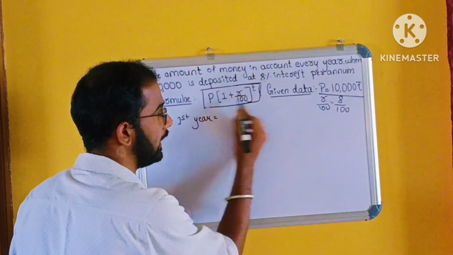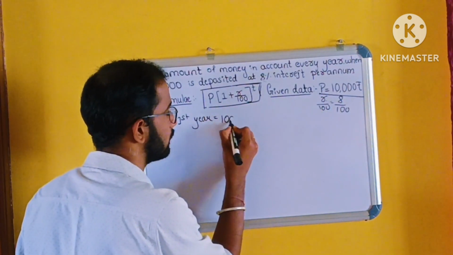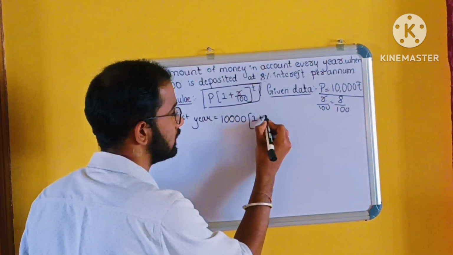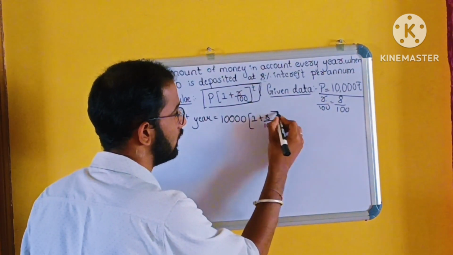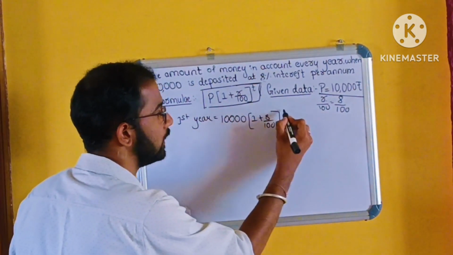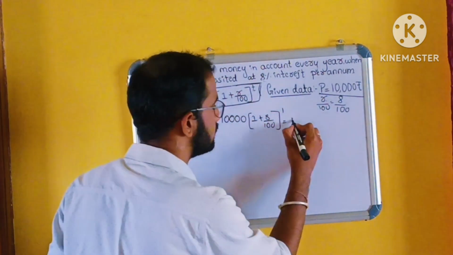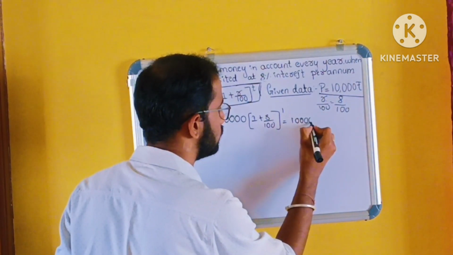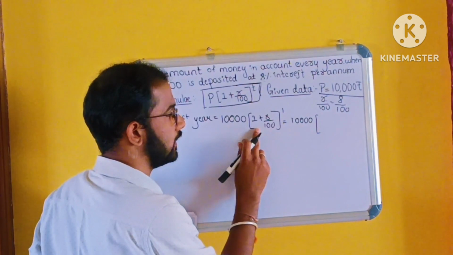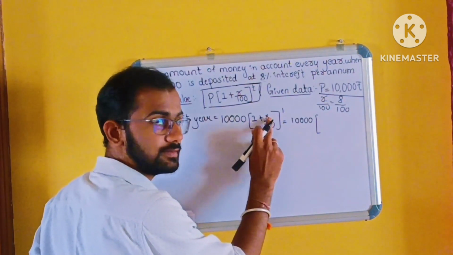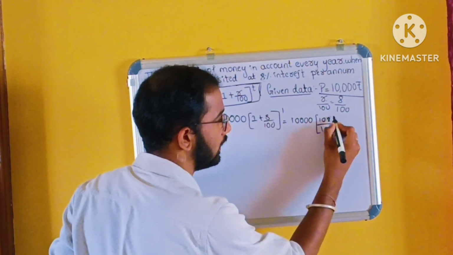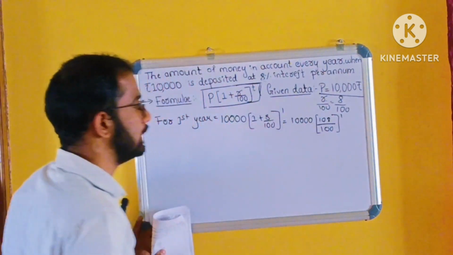P is 10,000, times 1 plus 8 by 100 to the power T. What is T? For the first year, T will be 1. After simplification, 10,000 into, taking the LCM, 100 plus 8, that is 108 divided by 100, to the power 1.